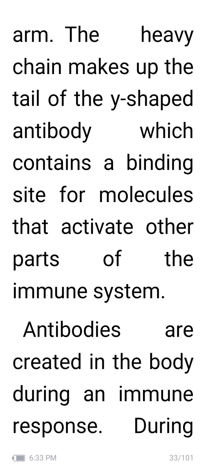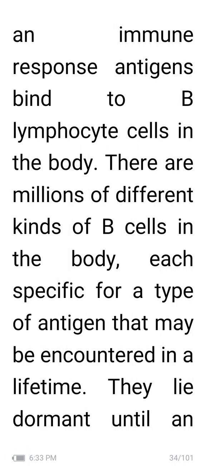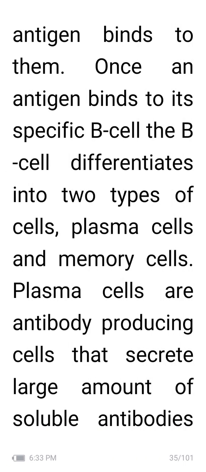Antibodies are created in the body during an immune response. During an immune response, antigens bind to B lymphocyte cells in the body. There are millions of different kinds of B cells in each body, each specific for a type of antigen that may be encountered in a lifetime. They lie dormant until an antigen binds to them.